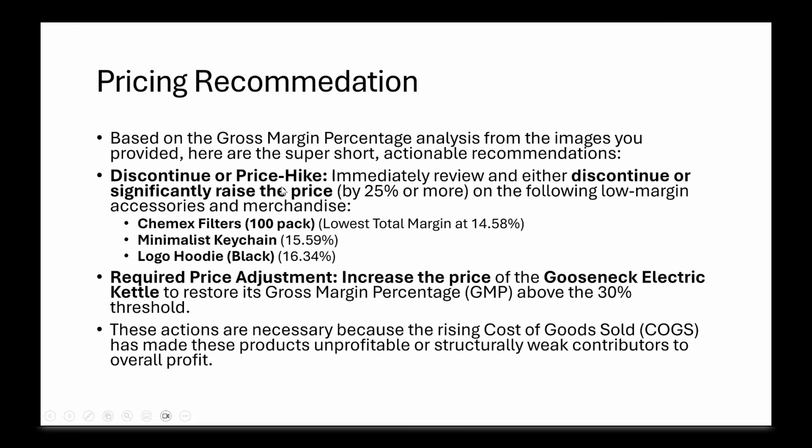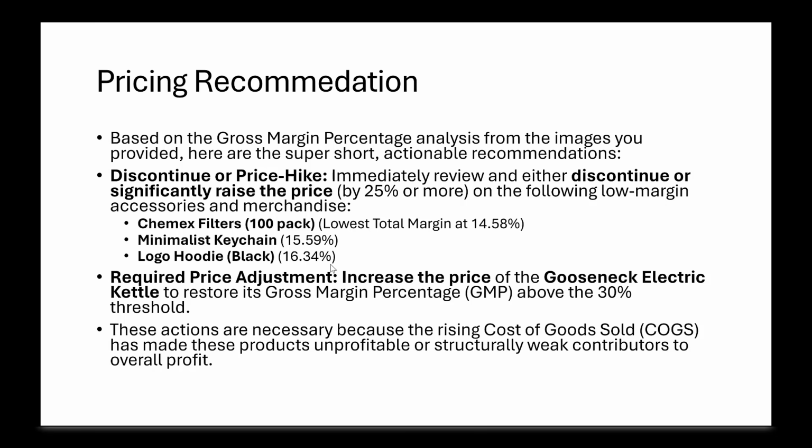So the pricing recommendation is based on the gross margin percentage they gave us, which was 30% and up. We were to focus on these three. And because we have cost of goods that has increased, we have no choice but to raise our prices immediately or discontinue these.